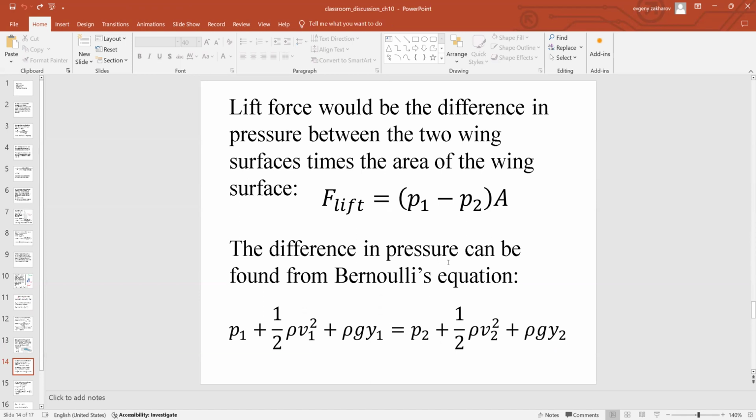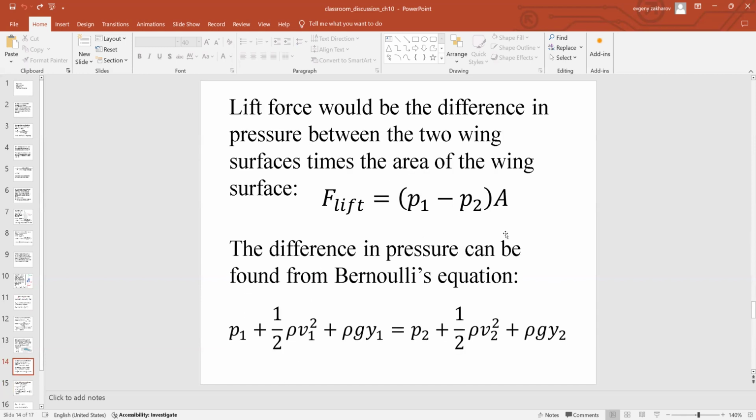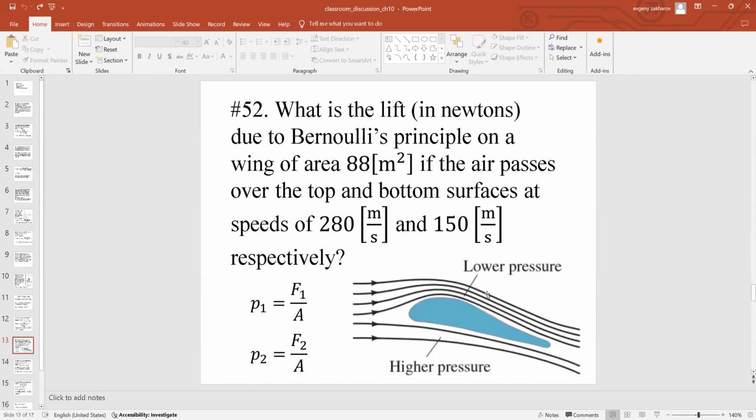The difference in pressure can be found from Bernoulli's equation. If it's the same surface of the wing, the height above the ground is approximately the same. Of course, above the wing is a little more than below the wing, but the difference is minimal compared to the altitude the aircraft is traveling at.